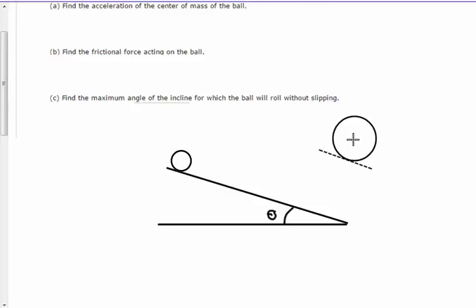we will have the force of gravity coming straight down to here. So we'll have this as the force of gravity, and we'll set that equal to mass times gravity. I will have my normal force going back up, which is perpendicular to this surface here.